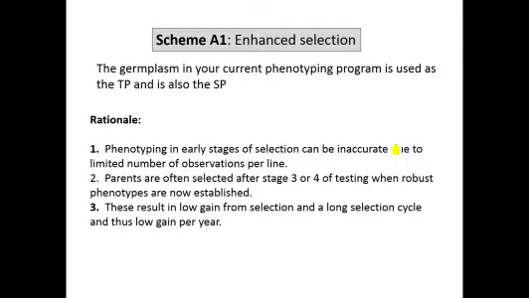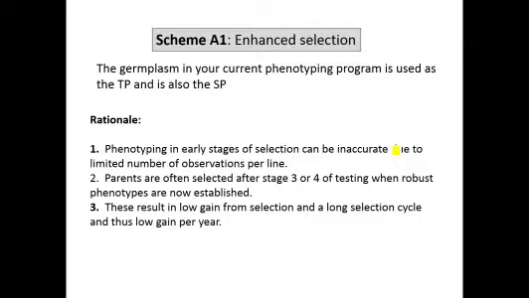So here's a scheme that could allow you to do that. The germplasm in your training population is your current breeding phenotyping program, and it's also your selection population. Rationale: phenotyping in early stages is sometimes inaccurate because of limited seed supplies and replications, and the parents that you use in your next cycle of breeding are often those lines that come out of stage 3 or 4 of testing, when robust phenotypes are established.